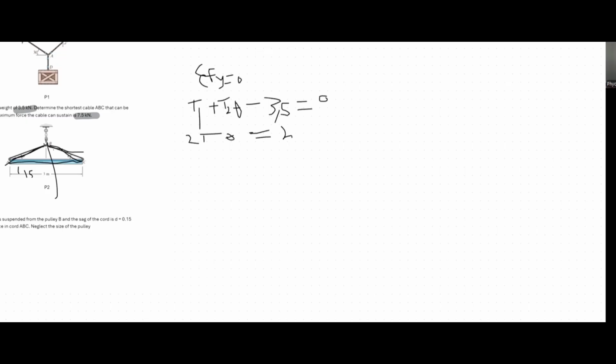So remember, we have labeled T1 and T2, and I said that T1 and T2 both are 7.5. So here we are going to say 2 times 7.5 in brackets sin theta.